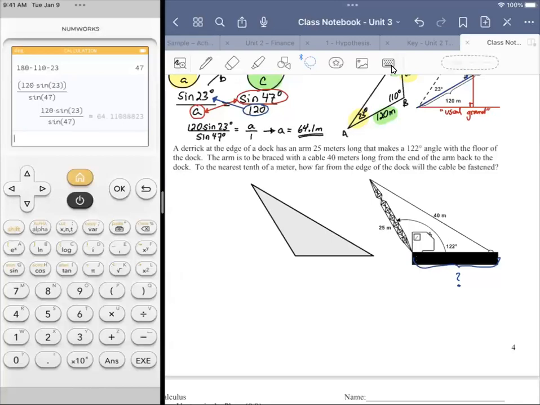Otherwise, you're just going to kind of ballpark estimate what the triangle would look like, then label it A, B, C. All right, so we have the 40, the 25, we have a 122-degree angle here.